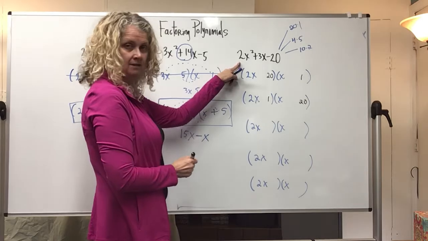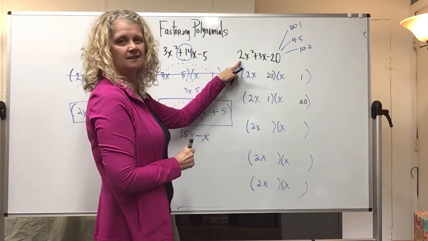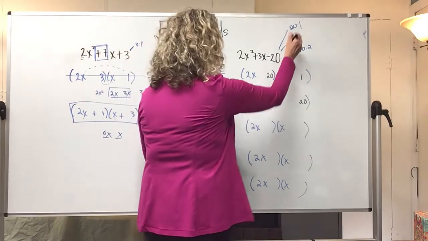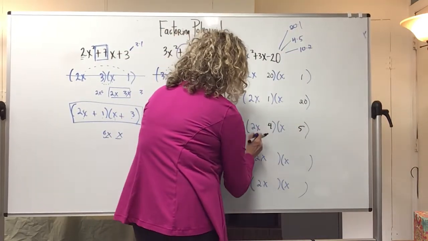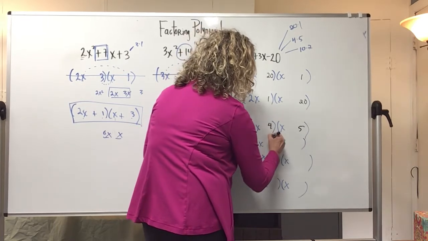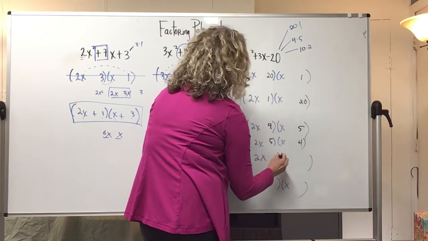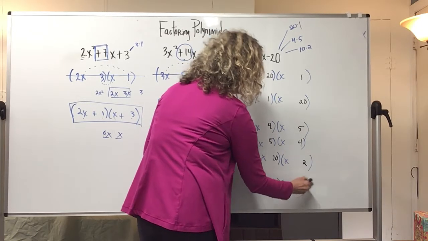Because remember, when the first term is anything but a 1, it kind of stinks. We could do 4 here, 5 there, oops, a 5 here, and a 4 there, or a 10 and a 2, or a 2 and a 10.